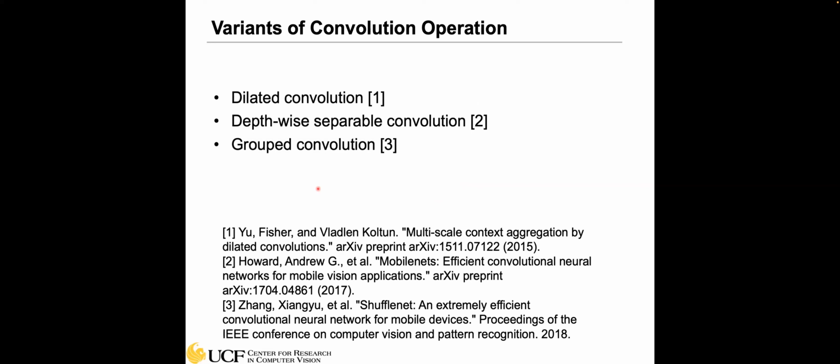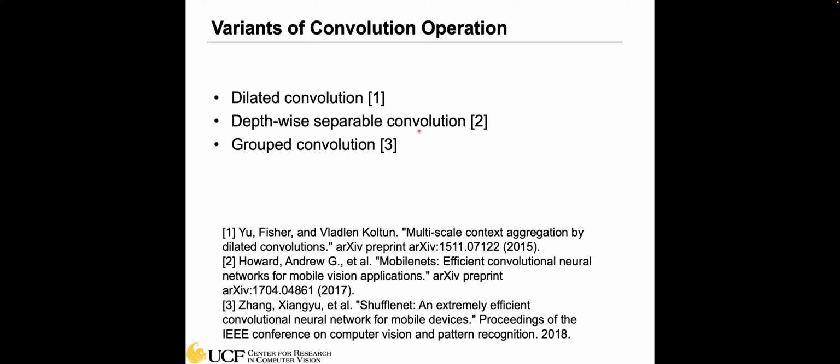Here are a couple of other variants of the convolutional operation. One is the so-called dilated convolution, which I'll talk about in the next slide, and also depthwise separable convolution. This one and the last one, grouped convolution, are designed for computation efficiency, especially as introduced in MobileNet.